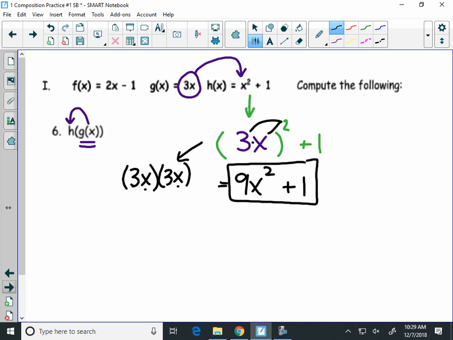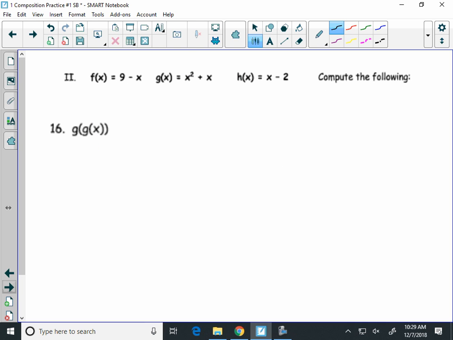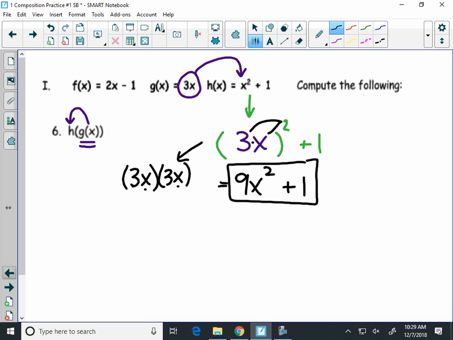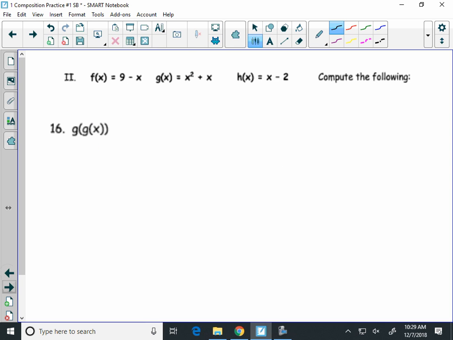That's a little bit different than some other problems that we've done. Looking at this next one, number 6 is set up differently when we square a quantity than number 16. So let's try 16 together. I'm finding g of g of x. The function of g on the right is going back into the function of g.